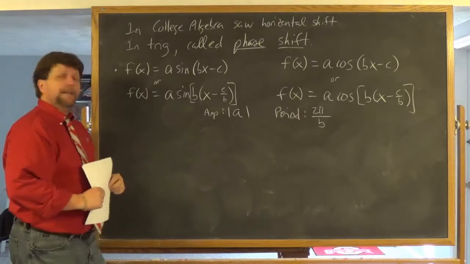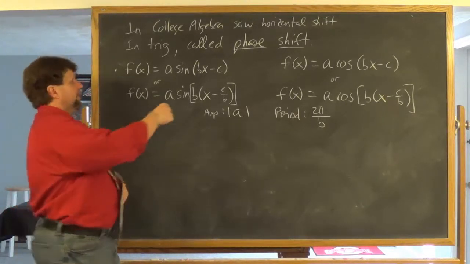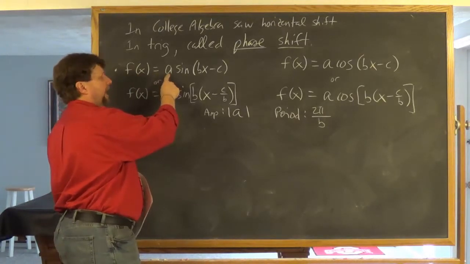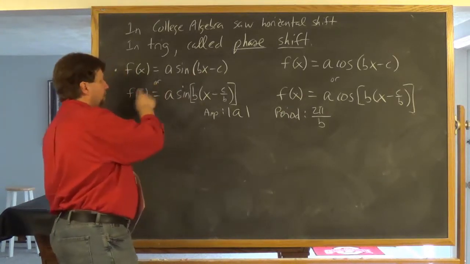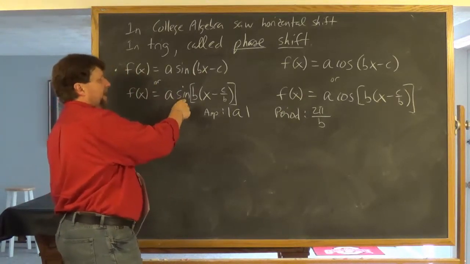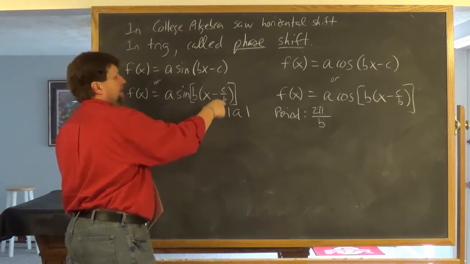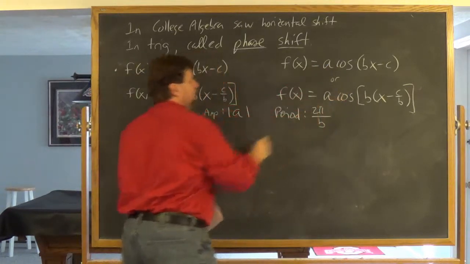So what I've written down here is, in general, if you see a function y equals a sine quantity bx minus c, or it could be written as a sine, square bracket, b, parenthesis x minus c over b, or if the trig function happened to be cosine.